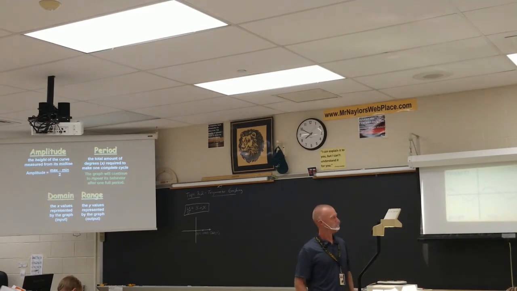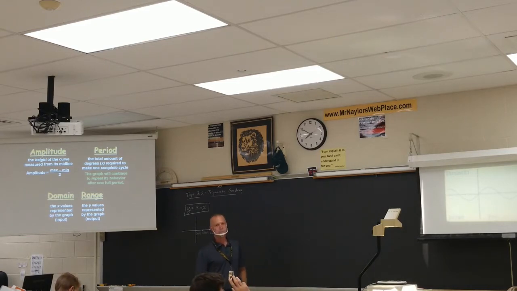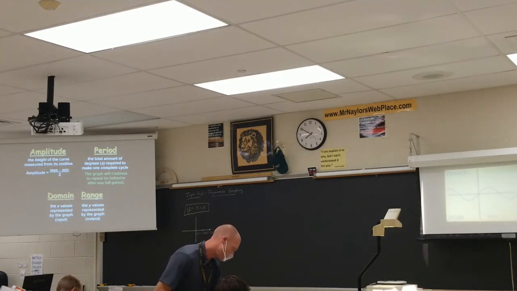Go ahead, Brandon. I cannot get it to make a graph like that. Like with the zoom and the trace, it just ends up being a flat line. You've got some extra stuff turned on here.